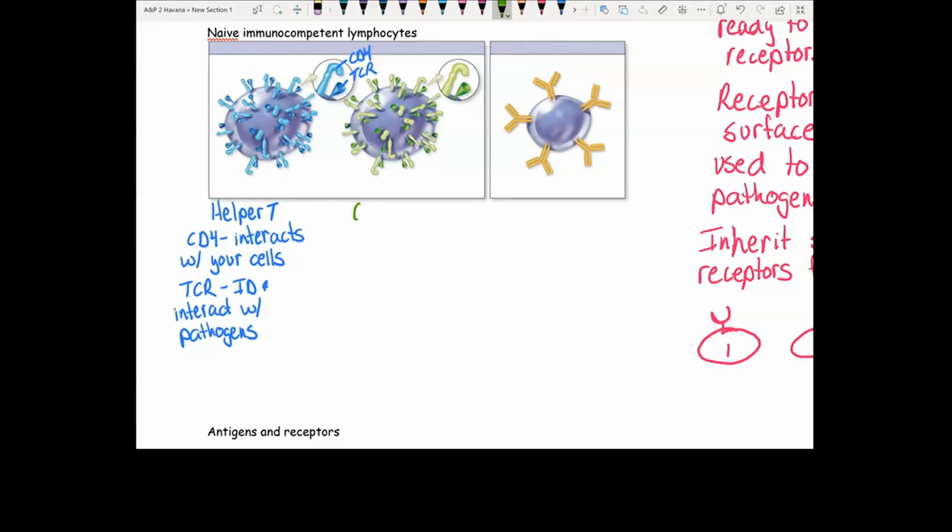Next, we have cytotoxic T. This has CD8 and TCR. Same function. So CD8 interacts with your cells.